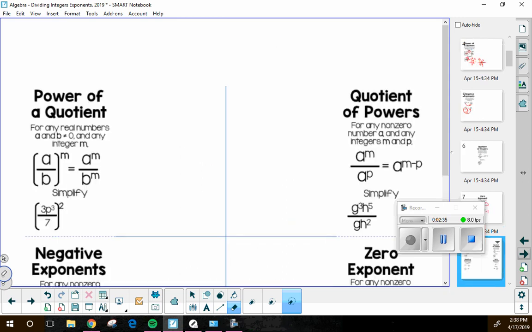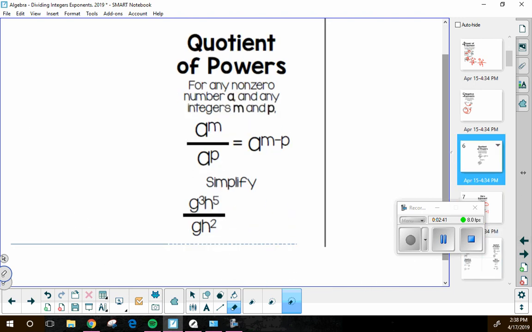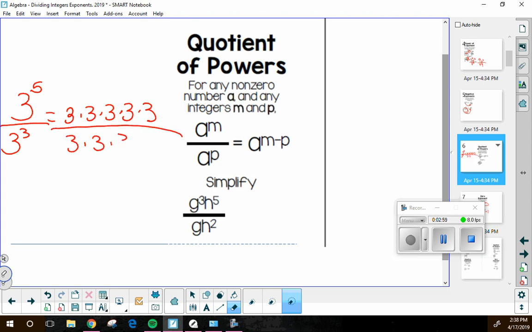Which brings us to one of the last things that we need to learn about exponents. Watch this. Let's just say I have 3 to the 5th over 3 to the 3rd. That just means it's 3 times 3 times 3 times 3 times 3 over 3 times 3 times 3.